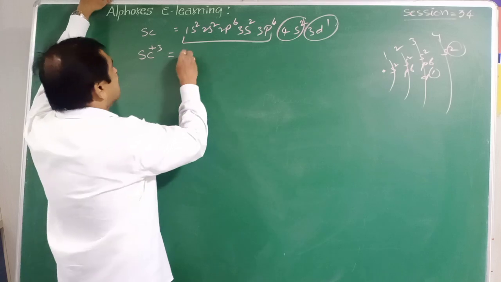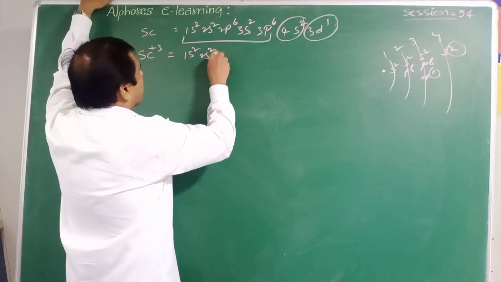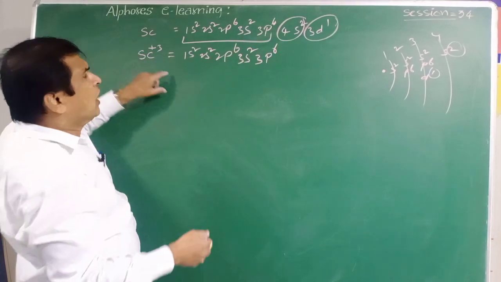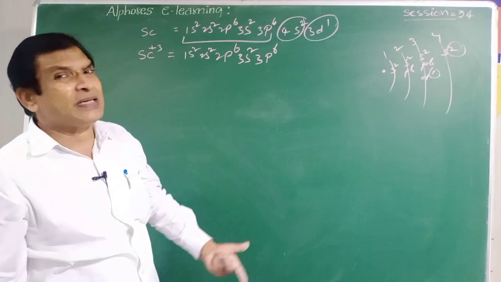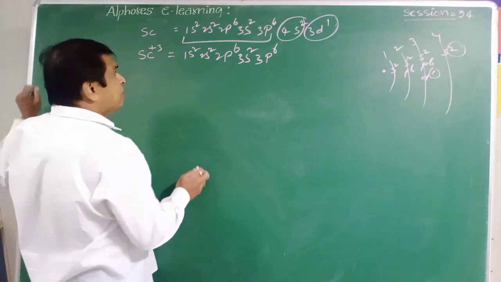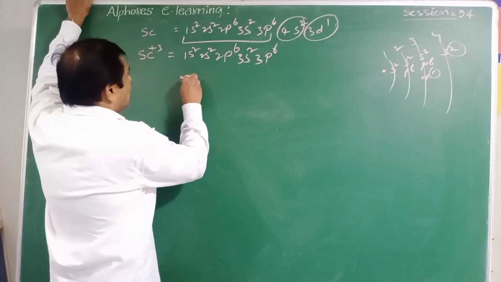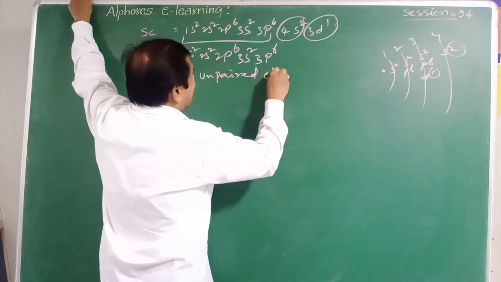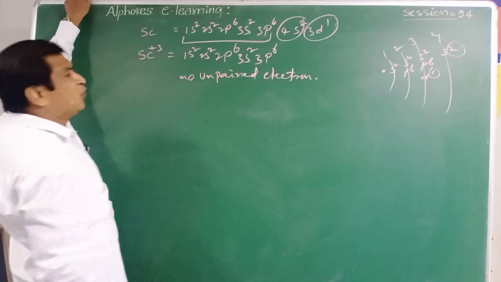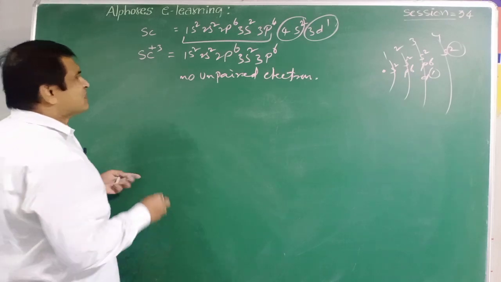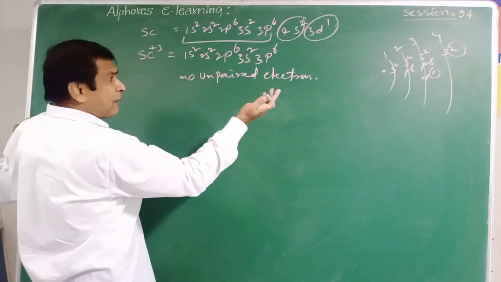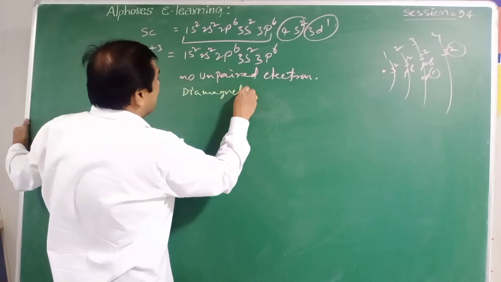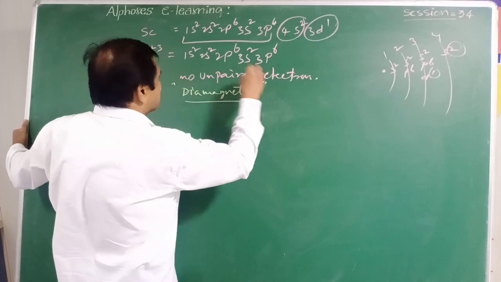All the orbitals are completely filled with paired electrons, so no unpaired electrons are left. Therefore scandium plus 3 is diamagnetic, because of the absence of unpaired electrons.